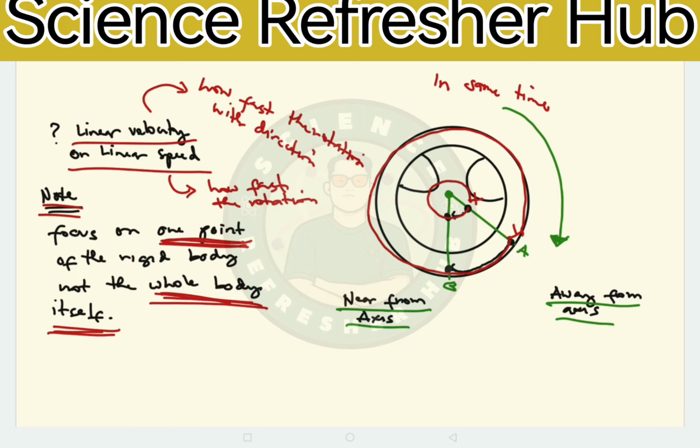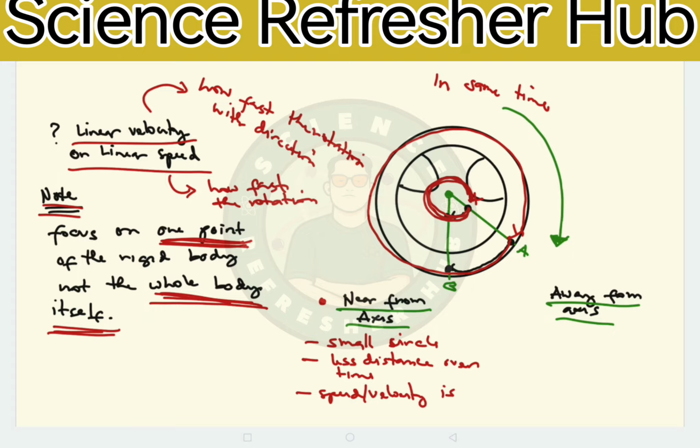Now let's have the point near the axis. In that specific time, it travels in a small circle. Small circle means less distance traveled over time. So in that case, the speed or velocity is slow.